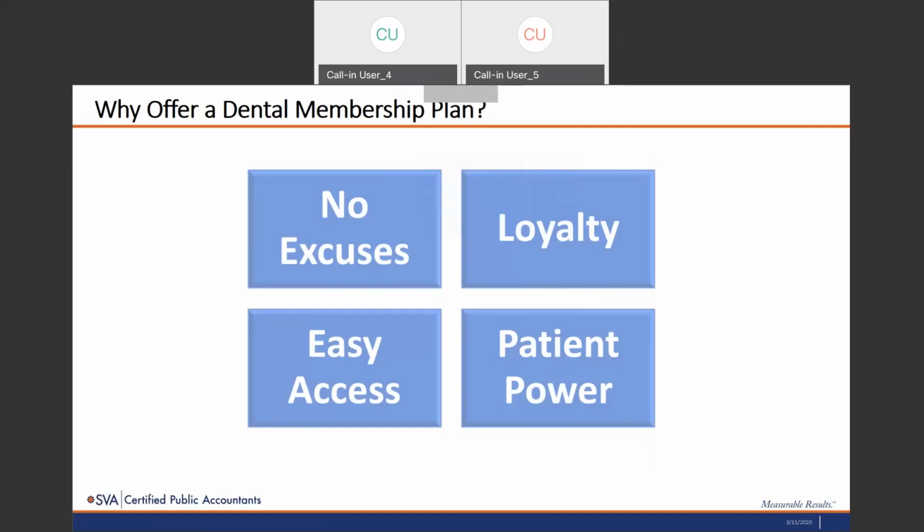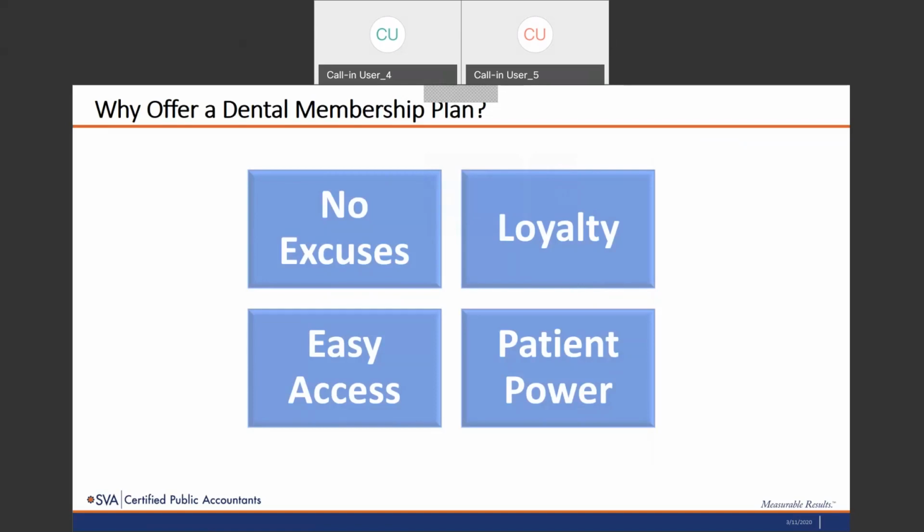The dental membership plan can flip that and puts the pressure on the patient. When they sign up, they've already paid for those cleanings and those appointments, and now it's up to them to make sure they're scheduling it and coming back in to see you in the practice. So it makes for a nice switch there and puts more responsibility on the patients. And Matt, not only does it empower the patients, but it also empowers the practices as well.